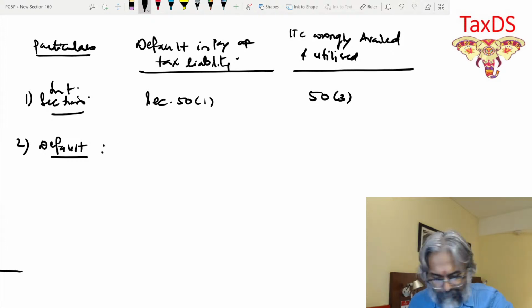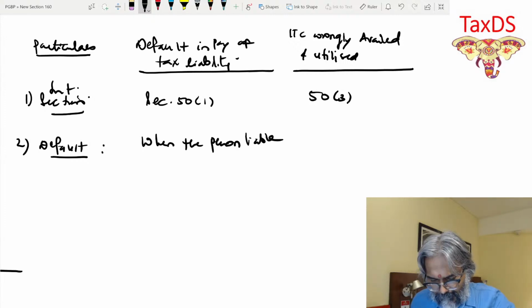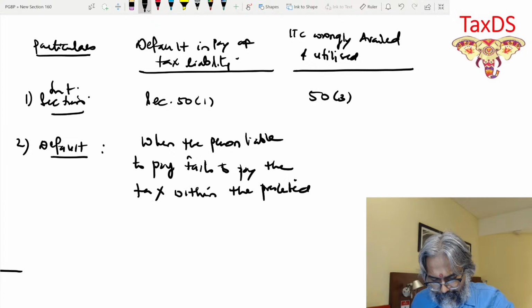The default that we're talking about over here is when the person liable to pay fails to pay the tax within the prescribed period.